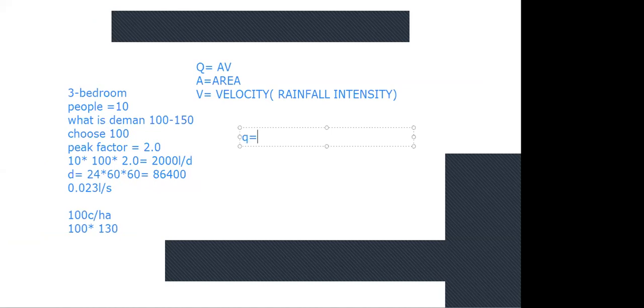Q is equal to CIA, where C is a constant, I or R is the intensity, and A is the catchment area.